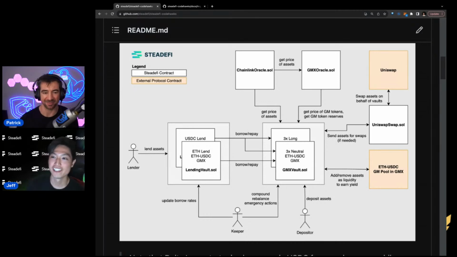I have an analogy for this because I do struggle to explain this well sometimes. It's not a perfect analogy to how a neutral strategy is done, but think about it. A long leverage strategy is sort of like you're gambling and hoping that something goes up and then you profit in the short term. But a neutral strategy is sort of like a money changer, right?